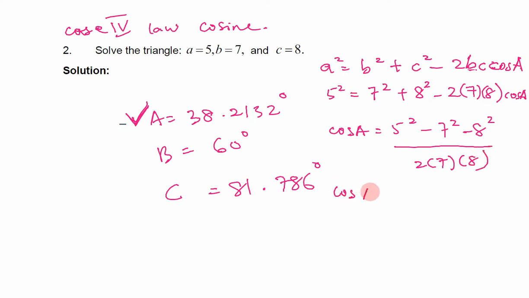So you get negative 0.7857. To get A, you will need to find the inverse cos of that answer.